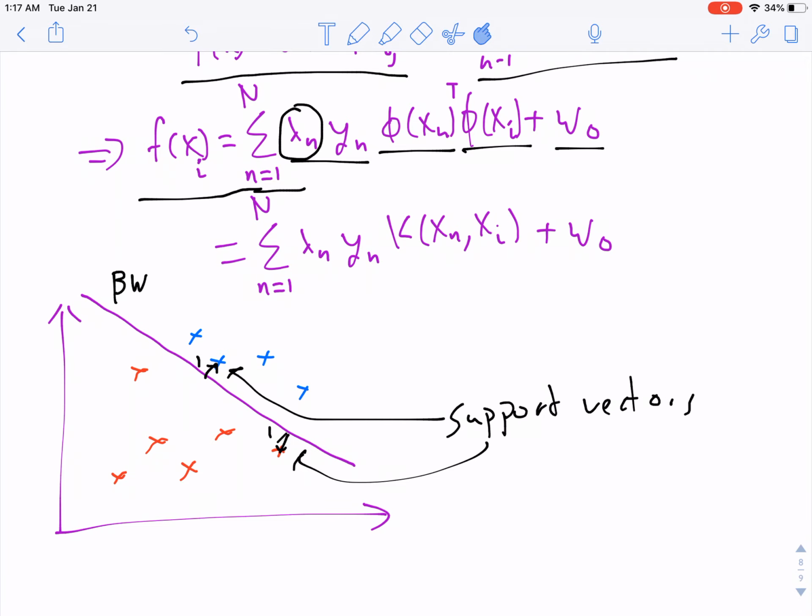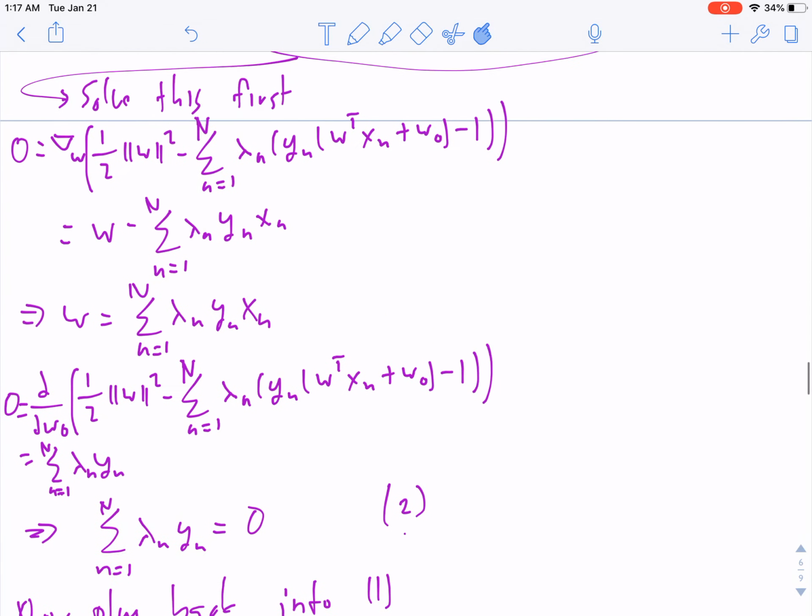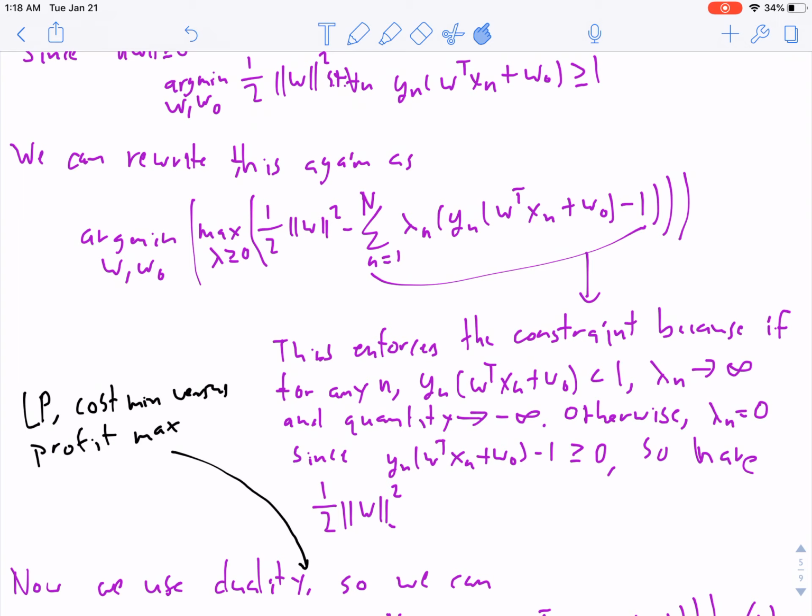And that connects with something that we were talking about earlier. Remember that when we talked about why this constraint is valid, we said that if the constraint holds, then yn W transpose xn plus W naught minus 1 will be greater than or equal to 0.